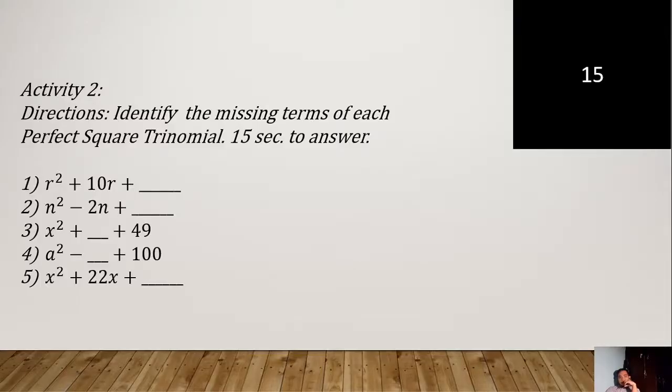Okay, so for the second activity, you will identify the missing terms of each perfect square trinomial. I will give you 15 seconds to answer the 5 items. Timer starts now.